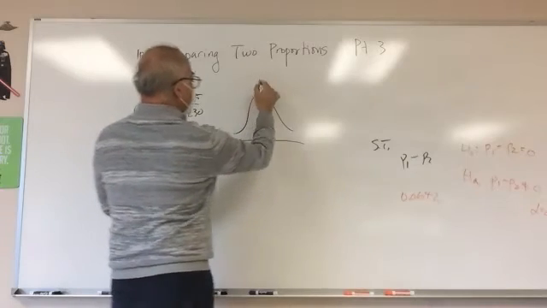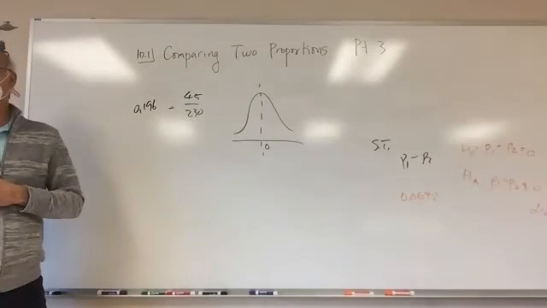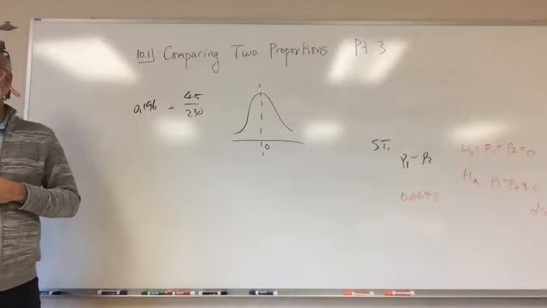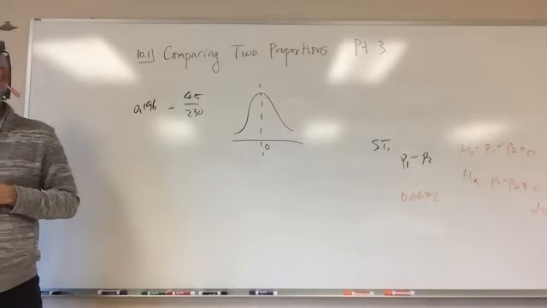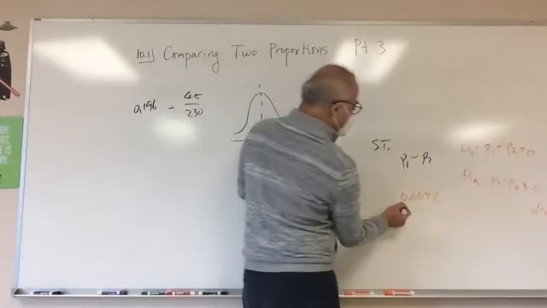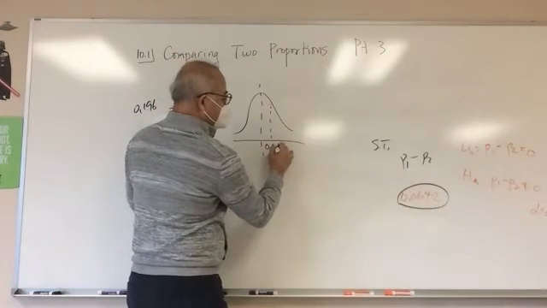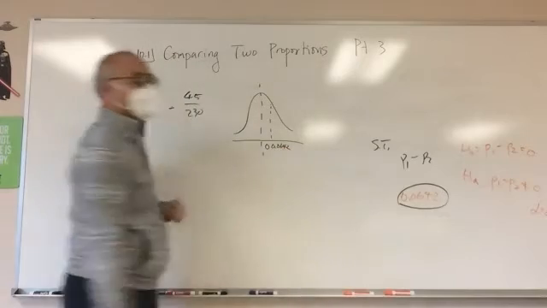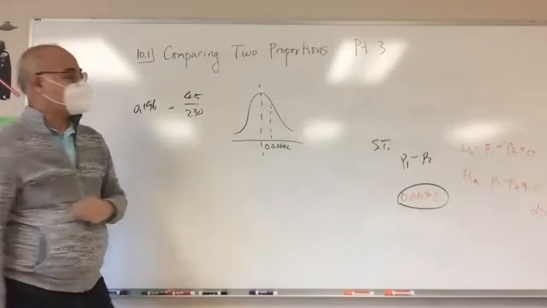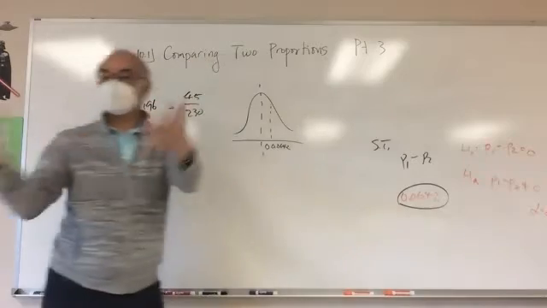So right here would be 0, if P1 and P2 were the same, because that's the null we're looking at. And this here, 0.0642, would be where we're at right now. That's what P1 minus P2 was for our sample.